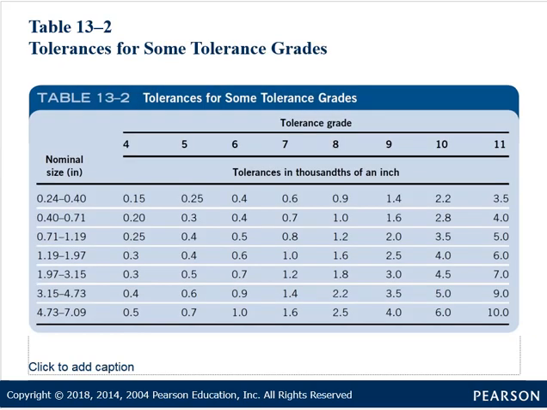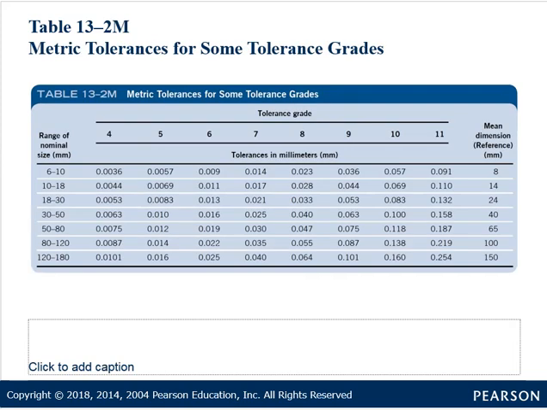And here are some tolerances for some tolerance grades. As you can see, as you go up, these are in inches, here are the tolerances. As your tolerance grade goes up, your tolerance goes up with it. That's tolerance grades. And here's a slide on metric tolerance grades too.